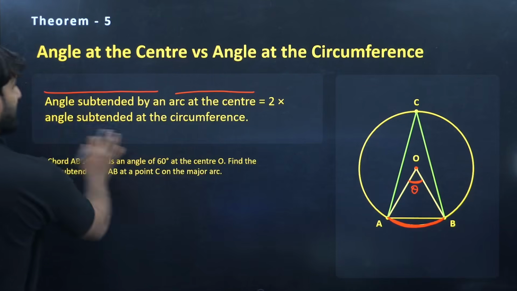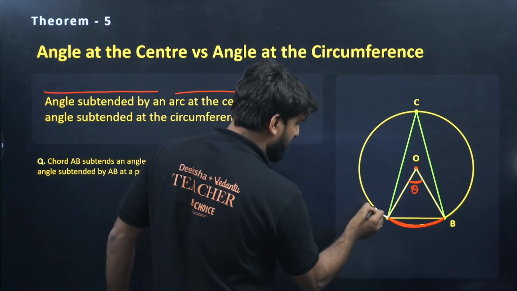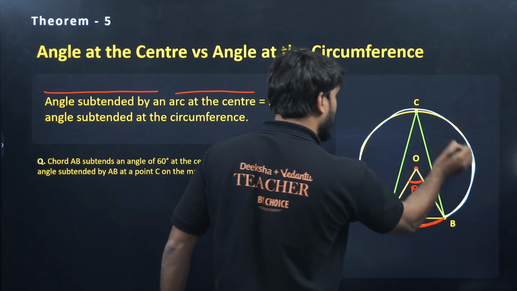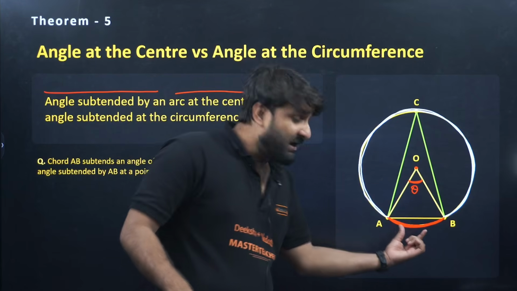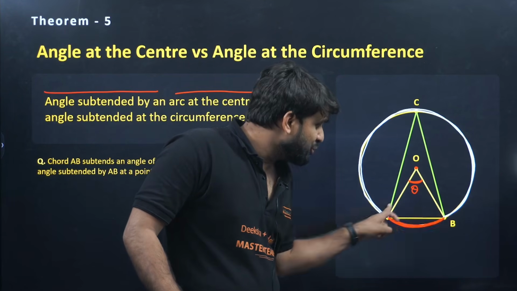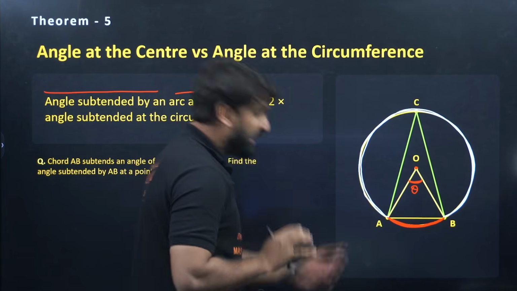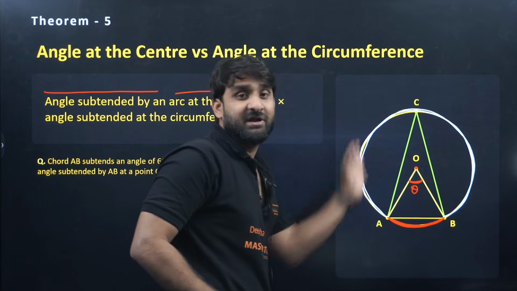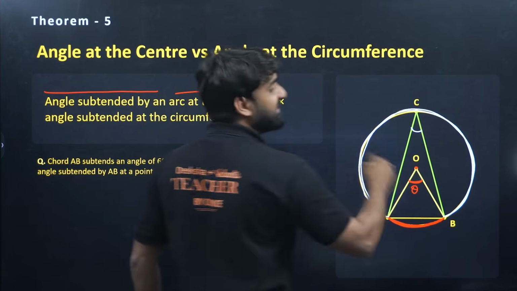Now, without the red color, this will be the remaining part. Can you see? Apart from the red color, this will be the remaining part. So the theorem says that if an arc is making some angle theta at the center, and taking these 2 points A and B again, but the angle is on the circumference, in the white color portion, anywhere, that angle is always half of this.